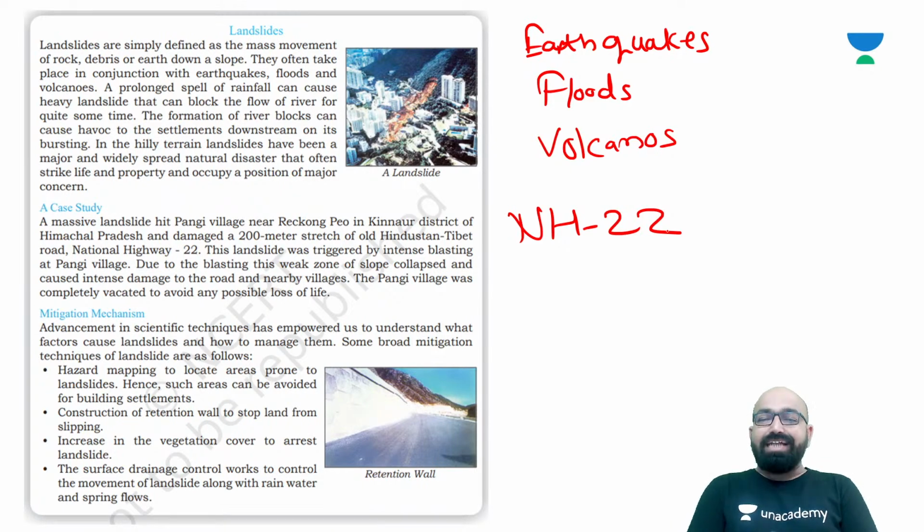This landslide was triggered by intense blasting at Pangi village, and due to the blasting, the weak zone of the slope collapsed and caused intense damage to the road and nearby villages. Pangi village was completely vacated to avoid any possible loss of life. So this is the example from Himachal Pradesh.